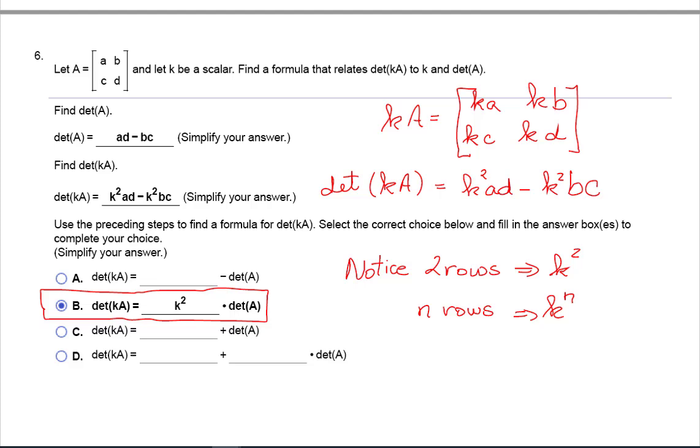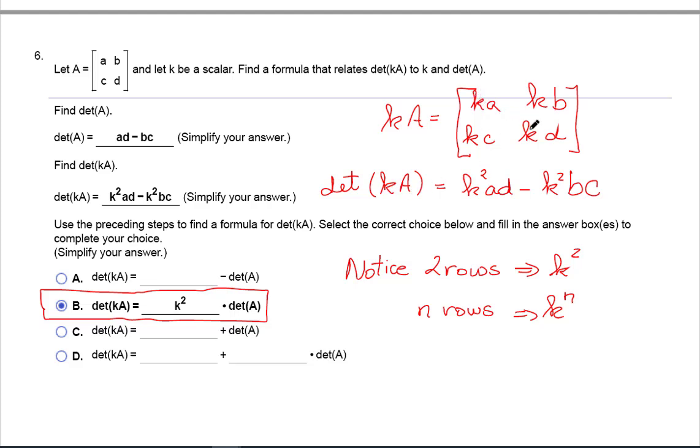Alright, so what happens in problem 6 if I multiply the matrix by a scalar? Okay, so here's matrix A. kA not only multiplies k by a row, it multiplies k by every row. Well, let's see, what is the determinant of k times A?